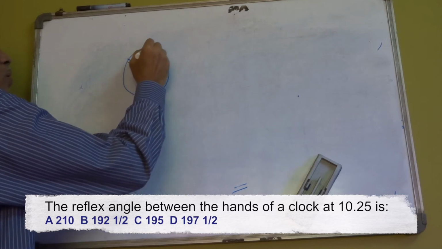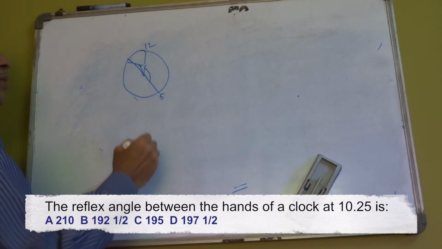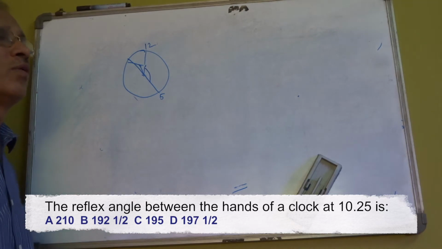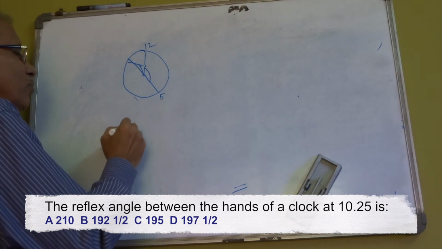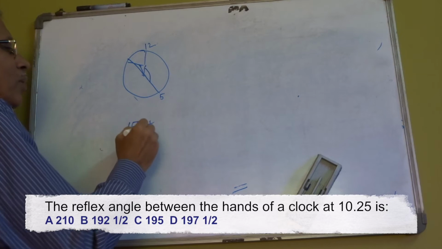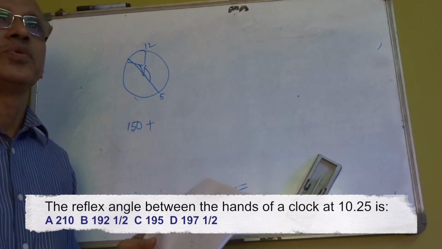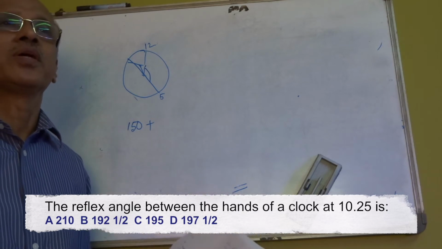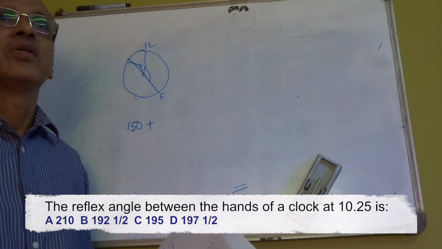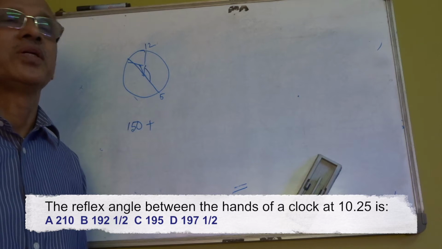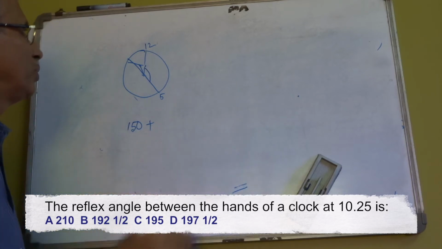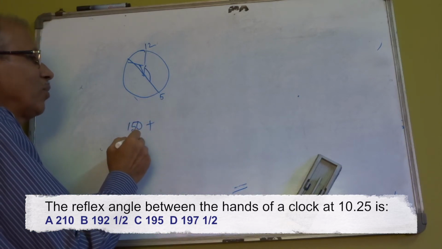Now this is 12. Between 12 and 5, the angle is 150 degrees. Between each point, that is between 12 and 1, 1 and 2, 2 and 3, it is 30 degrees because 360 by 12 is 30 degrees. So between 12 and 5, it is 150.